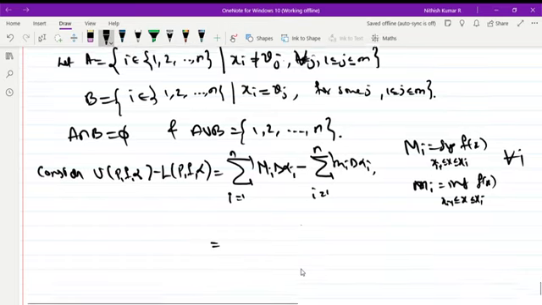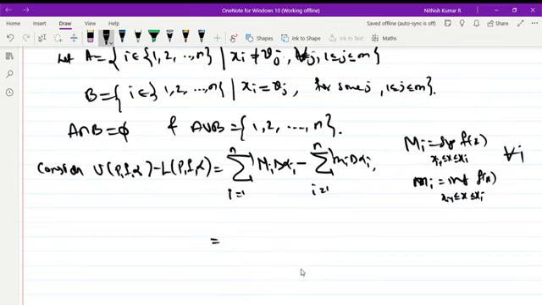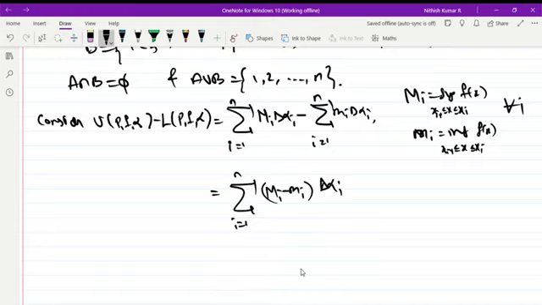Which is equal to the summation i equal to 1 to n of capital Mi minus small mi into delta alpha i. Now observe this summation varies from i equal to 1 to n.